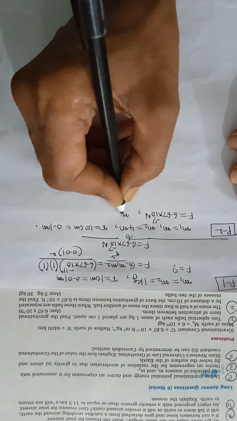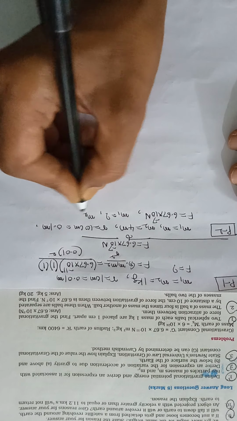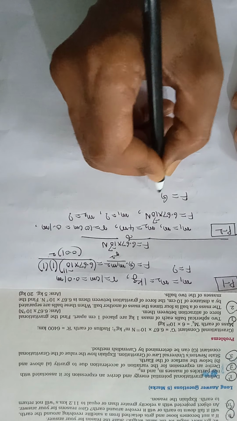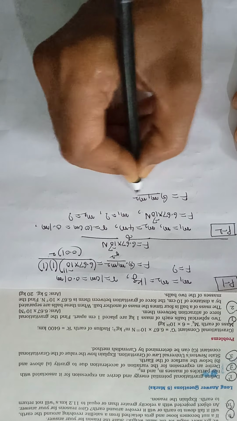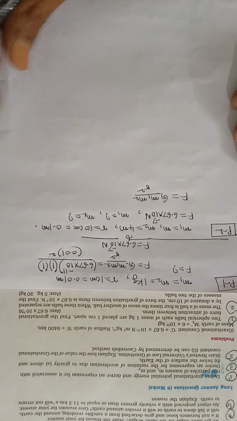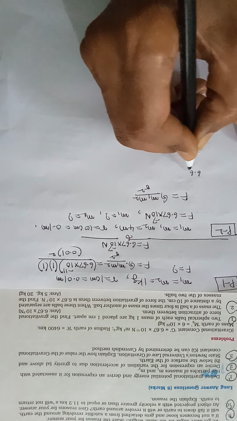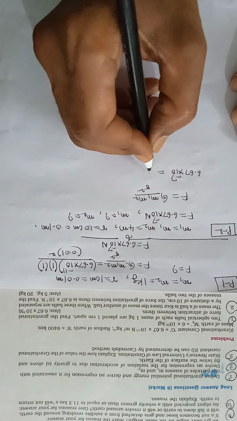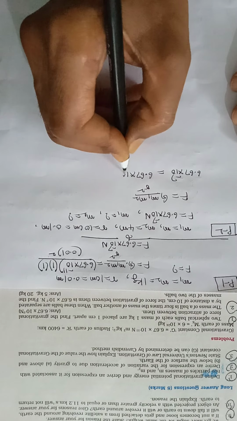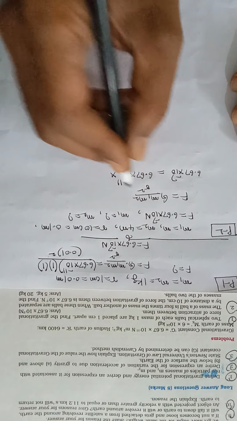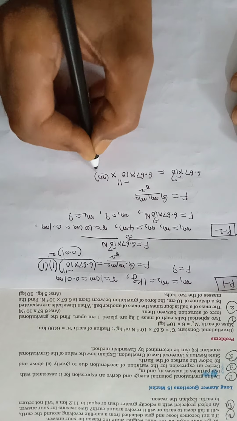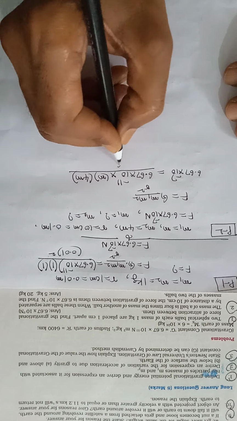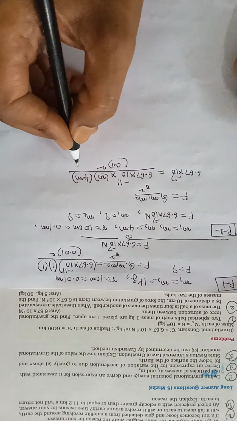Find the masses. So m1 is equal to how much and m2 is equal to how much. See, the formula is F is equal to G m1 m2 by r square. So substituting in this, 6.67 into 10 to the power of minus 7 is equal to G value 6.67 into 10 to the power of minus 11, m1 is m, m2 is 4m, by r square 0.1 square.